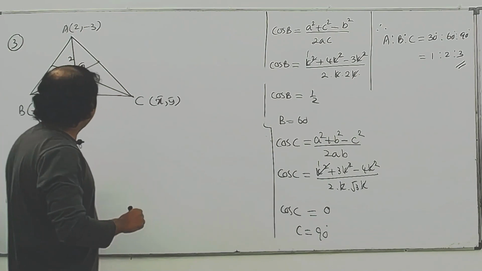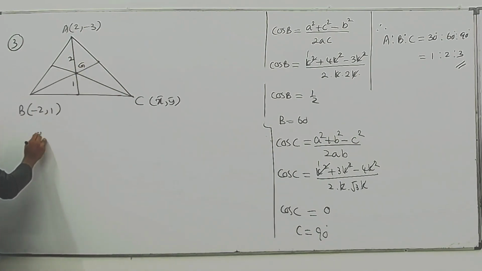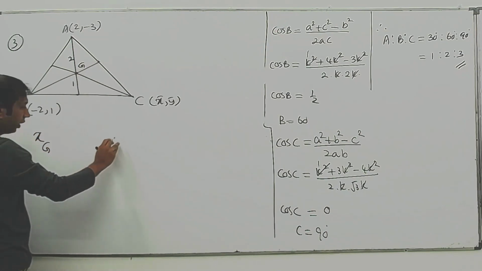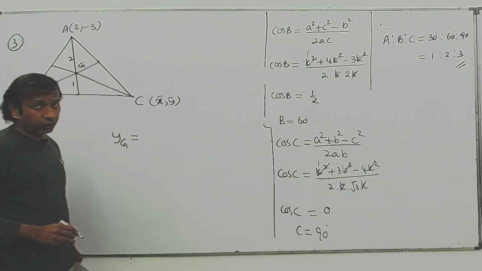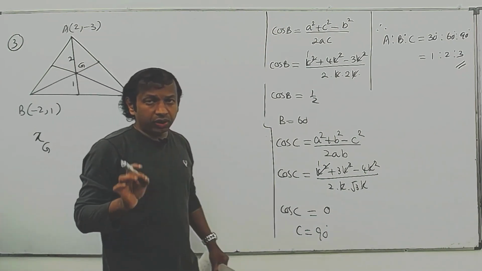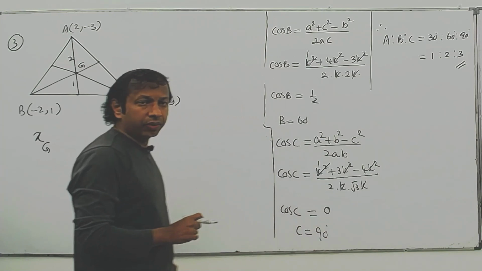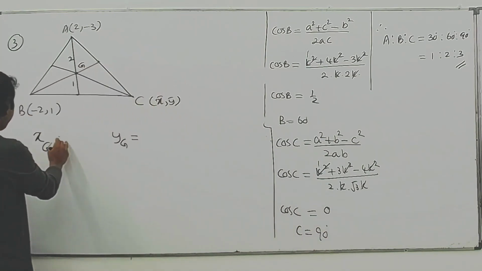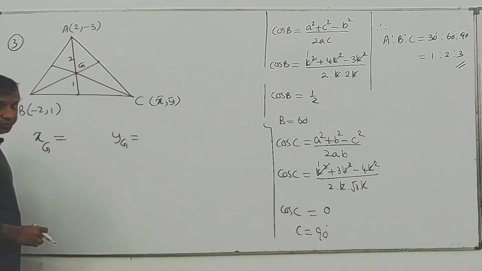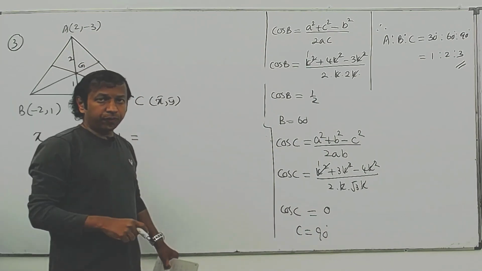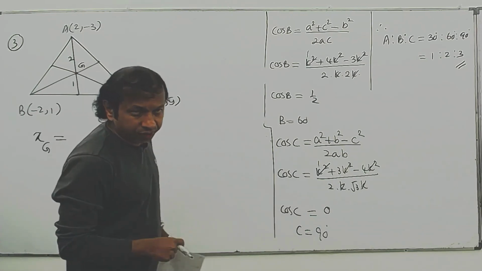Then people, the coordinates of this G, if I take its x coordinate as xg and y coordinate as yg. The x coordinate and y coordinate of the centroid G are given by what? The x coordinate is given by the sum of the x coordinates of the three vertices divided by 3. The y coordinate is the same way: the sum of the y coordinates of the three vertices divided by 3.